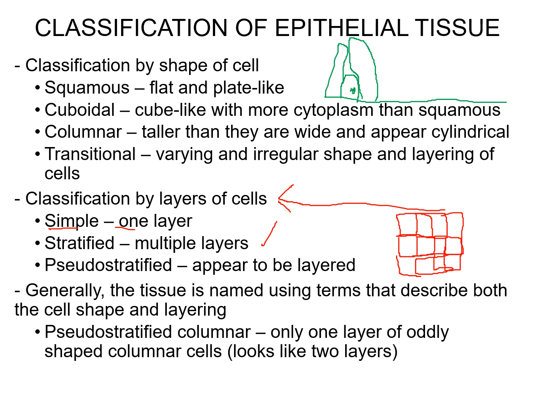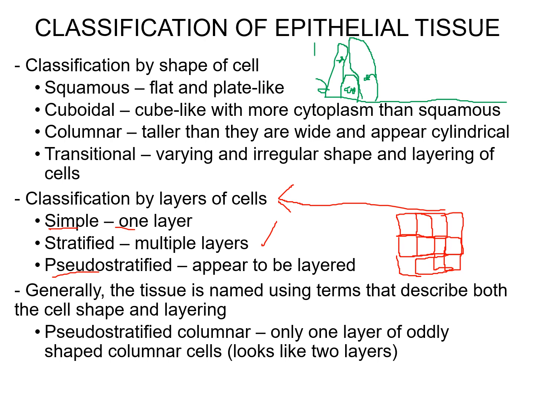When you look at the nuclei of the cells, sometimes it appears that there are multiple layers, this being the first layer and this being the second. But in reality, it's all just one layer. It's just some cells are shorter than the others. So it appears to be layered, but it's really not. So we use the term pseudo-stratified, pseudo meaning fake or false. So that's the first kind of classification: a simple tissue, or a stratified tissue, or a pseudo-stratified tissue.